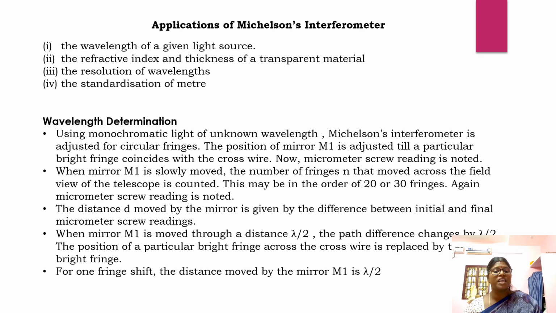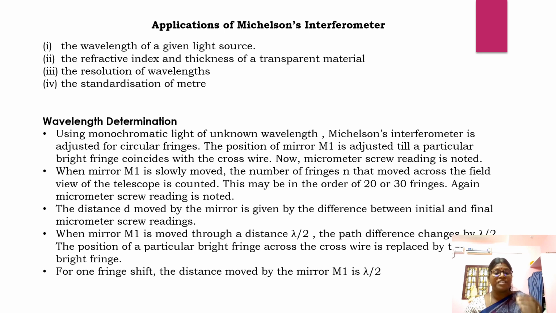The distance D moved by the mirror M1 is given by the difference between the initial and final micrometer screw readings. When the mirror M1 is moved through the distance lambda by 2, the path difference changes by lambda. The position of a particular bright fringe across the crosswire is replaced by the next bright fringe.